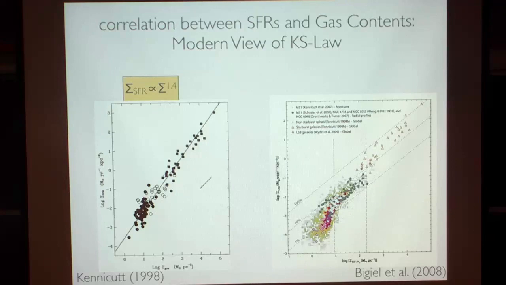And so this is one famous relation that astronomers really appreciate, which is called the Kennicutt-Schmidt relation. That is a relation between the star formation rate surface density and the gas surface density, with a single power law over this wide dynamic range.